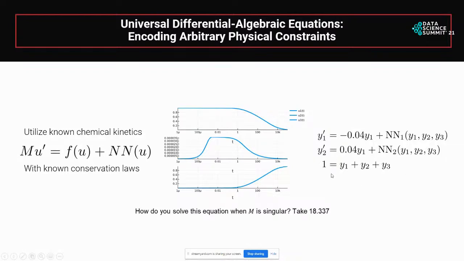This is a differential algebraic equation system, and so you can now start to say, well, let me actually build machine learning frameworks that require these conservation laws to be held as well. Now, how can you do that? Well, you can stick neural networks within such a model, and now you have a model where it's saying, learn the neural network such that the system is evolving such that this arbitrary conservation law is preserved, right?